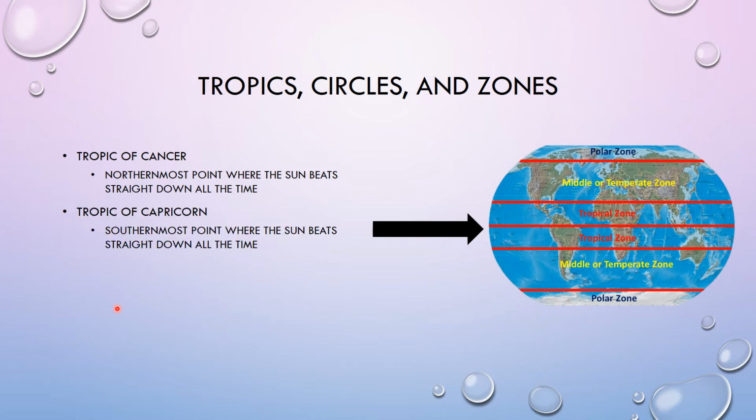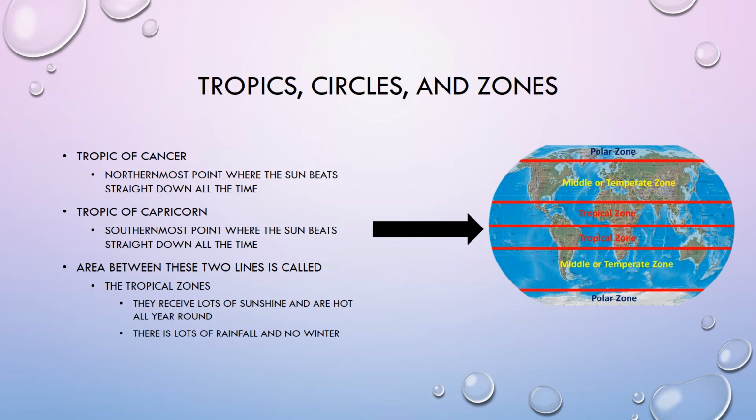The Tropic of Capricorn is the southernmost point where the sun beats straight down all the time. So right here, right underneath the bottom tropical zone. The area between these two lines is called the tropical zones, and that's why you see the words written, tropical zone.